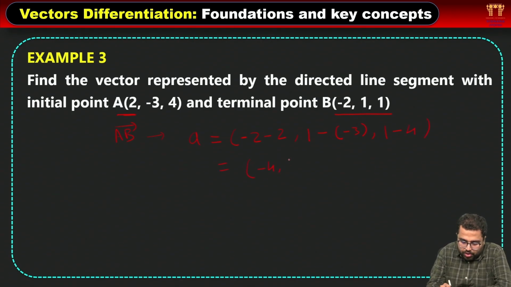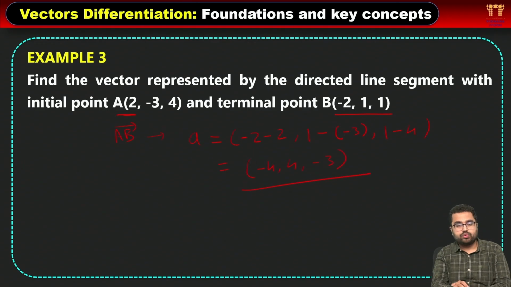So we get (minus 4, 4, minus 3). This is the vector which represents the line segment with initial point A (2, minus 3, 4) and terminal point B (minus 2, 1, 1).